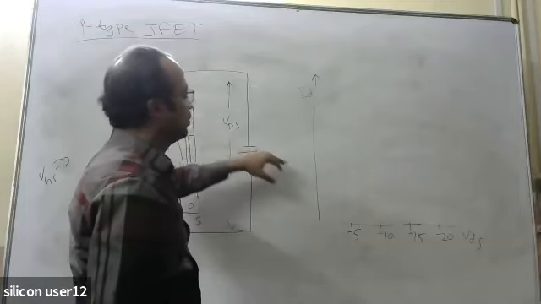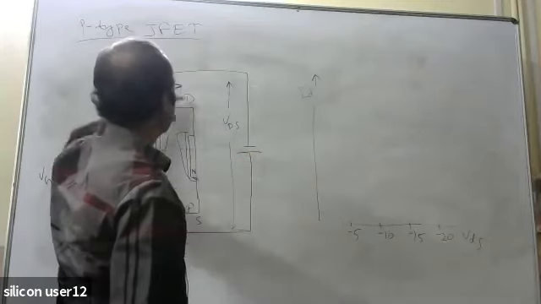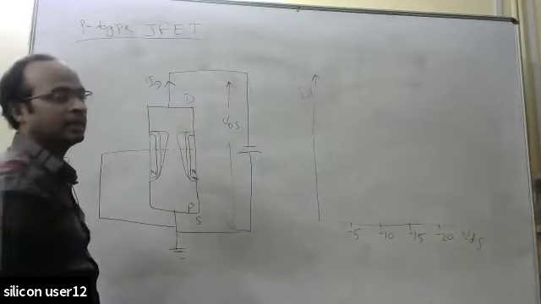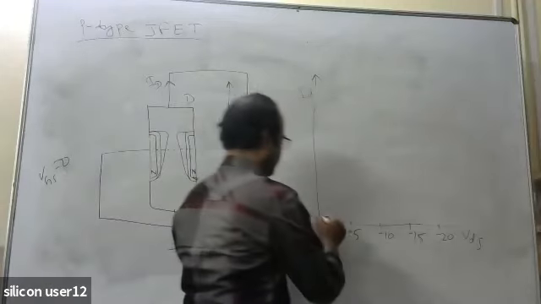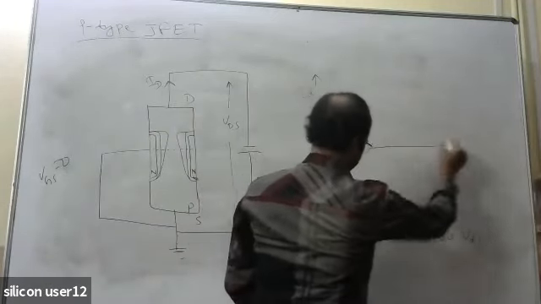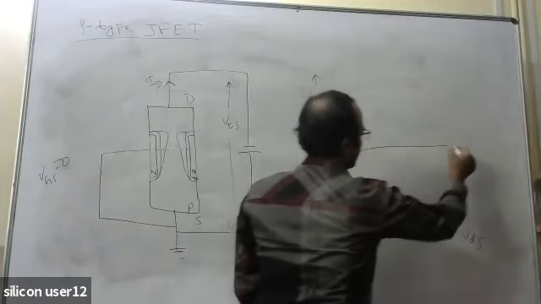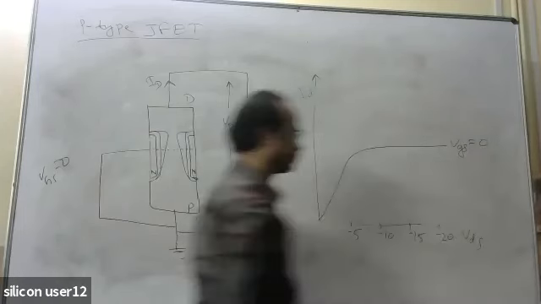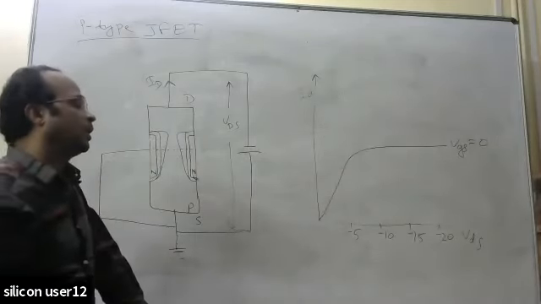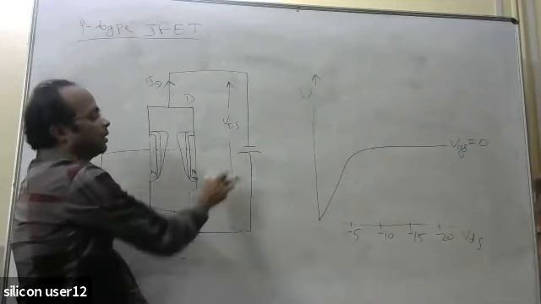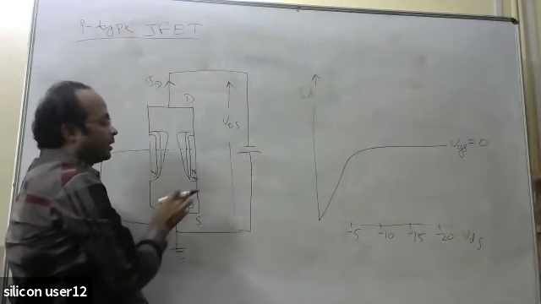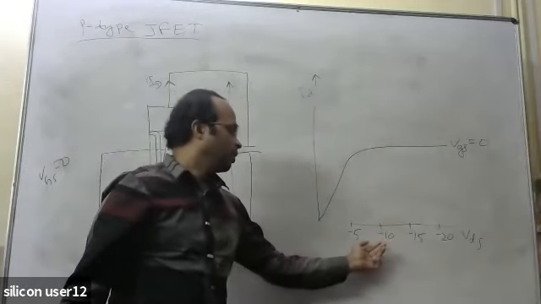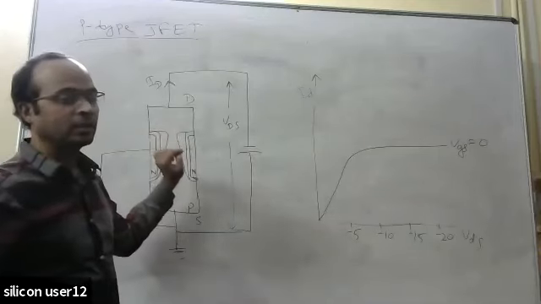But at a particular point, say at -10 volt, the depletion regions touch each other, the path gets closed, and the current gets saturated. This is for VGS equal to 0. Initially up to a certain VDS value the current increases, and after that it saturates, because the depletion regions touch each other.